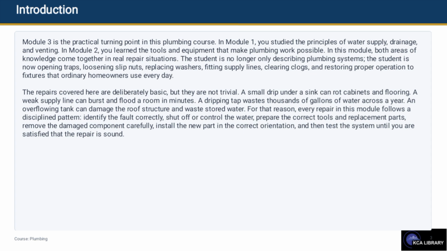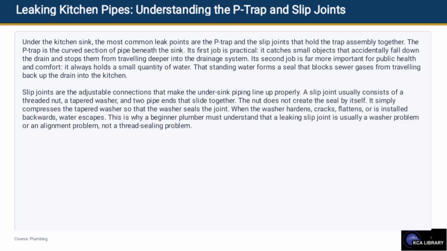For that reason, every repair in this module follows a disciplined pattern. Identify the fault correctly, shut off or control the water, prepare the correct tools and replacement parts, remove the damaged components carefully, install the new parts in the correct orientation, and test the system until you are certain that the repair is sound.